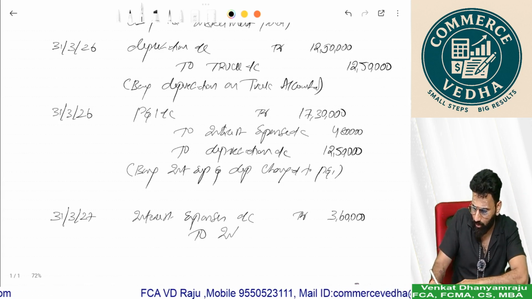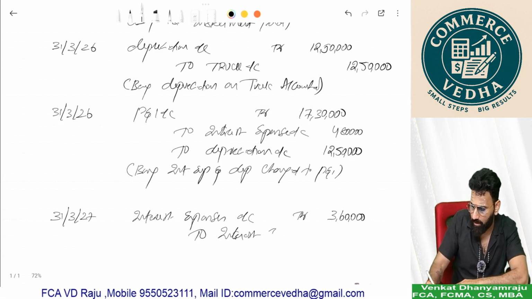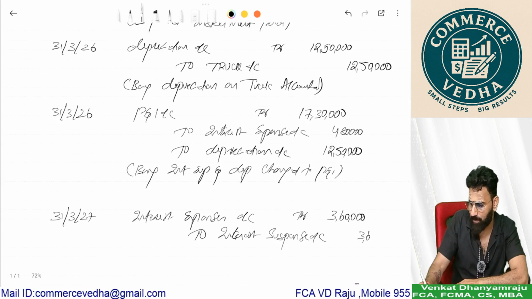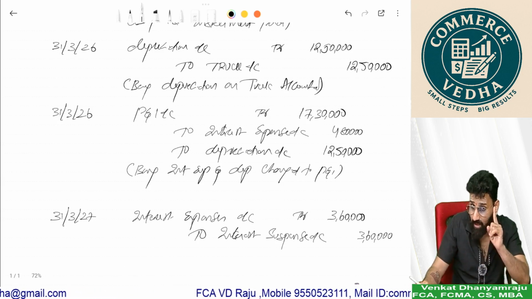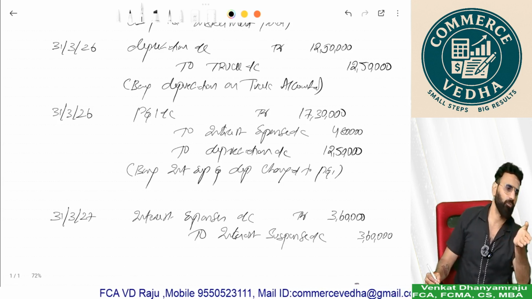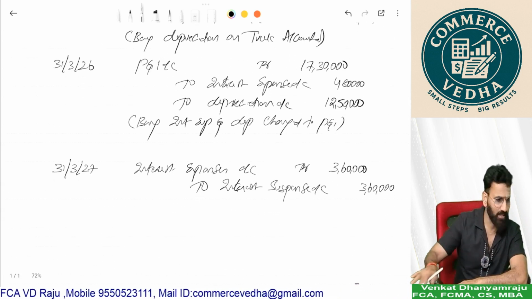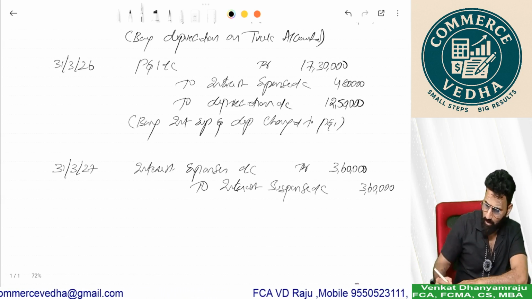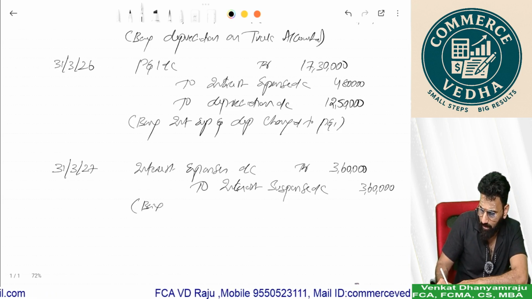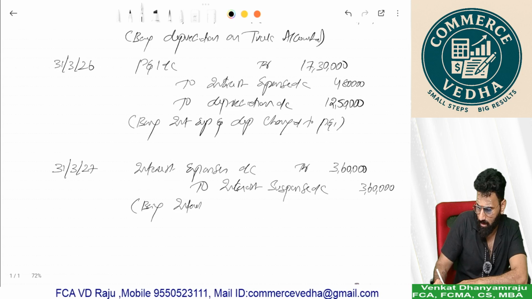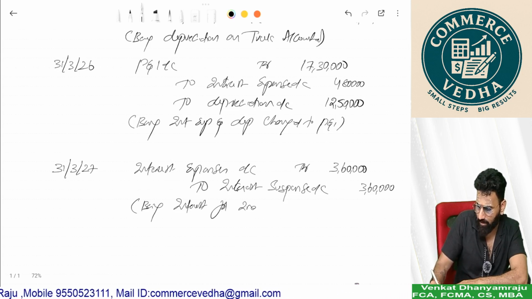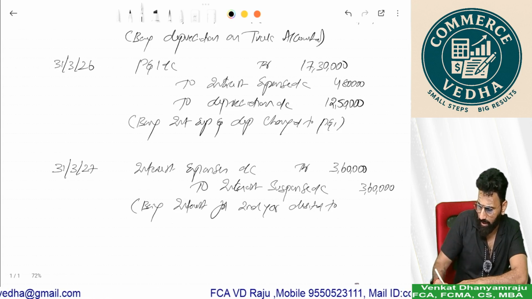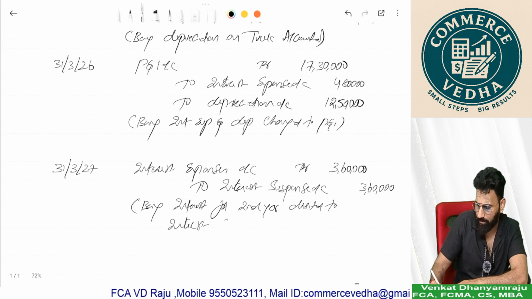So I need to reverse interest suspense account, because suspense account is debited with 12 lakhs. First year cancel 480, second year cancelling 360, moving to expense, asset to expense. Right, I'll write here being interest for second year debited to interest suspense account.